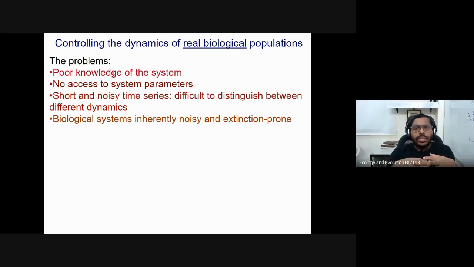Another issue with many biological populations is that they can undergo local extinctions. And as we are going to show, the moment extinctions come into the picture, the utility of these methods is greatly altered. Many of the methods basically fail to work the way they are supposed to. So faced with all these realities, what does one do?